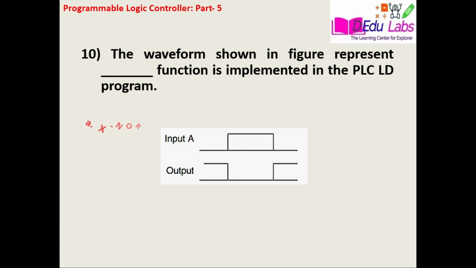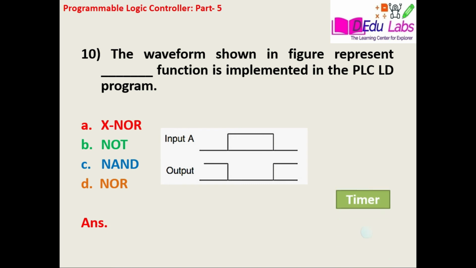Option number A exclusive NOR, option number B NOT, option number C NAND, option number D NOR. So the answer is option number B, that is NOT.